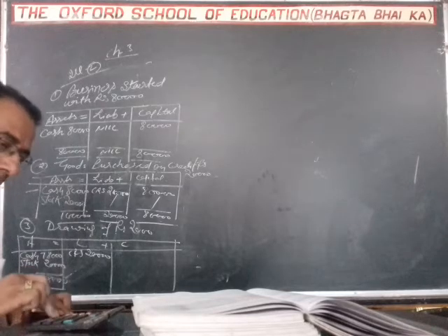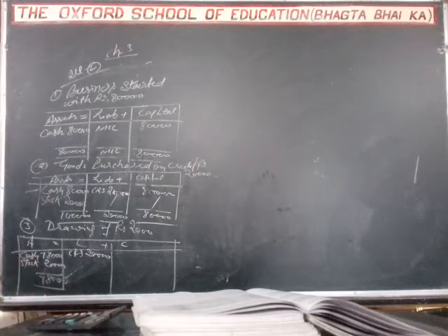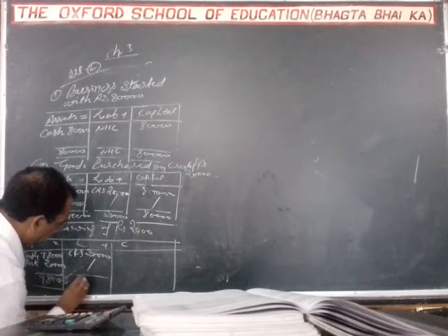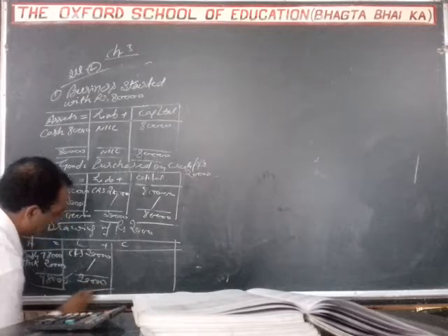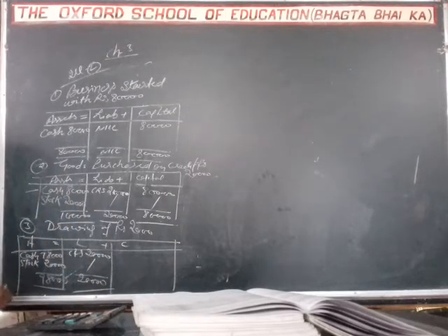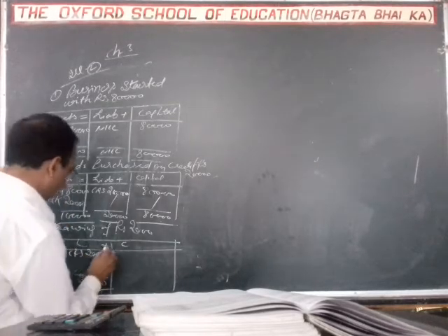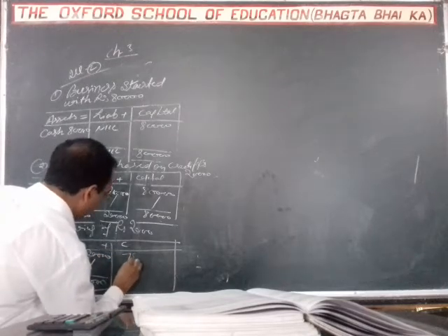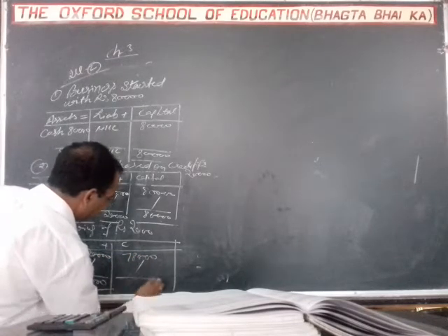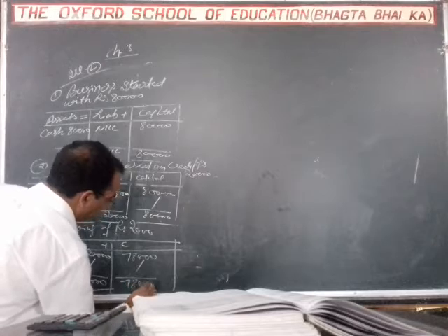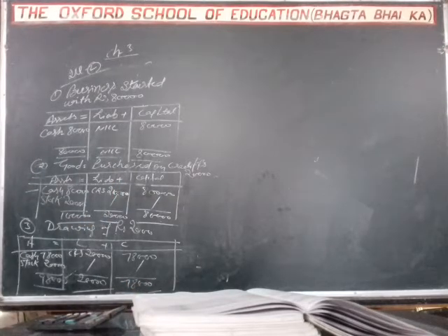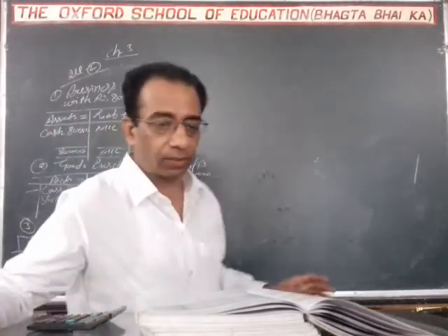So 98,000 is the asset side total and 20,000 is the total of the liability side. 98,000 minus 20,000, and capital we will find is 78,000. So in this way we find the amount of capital, 78,000. Right.